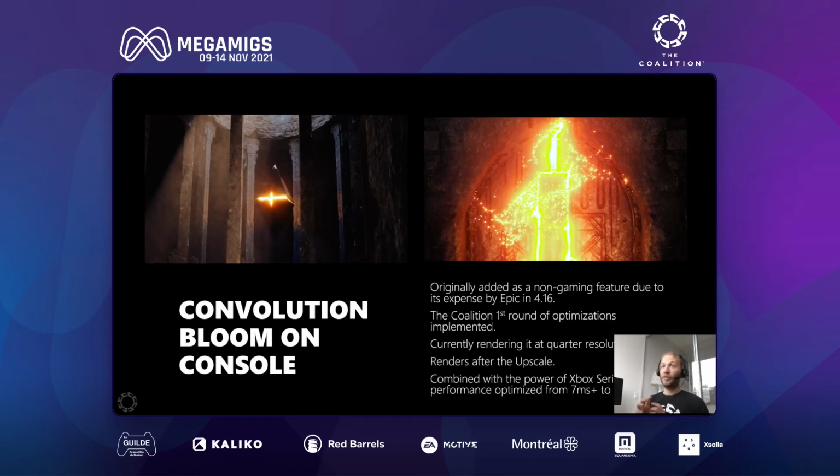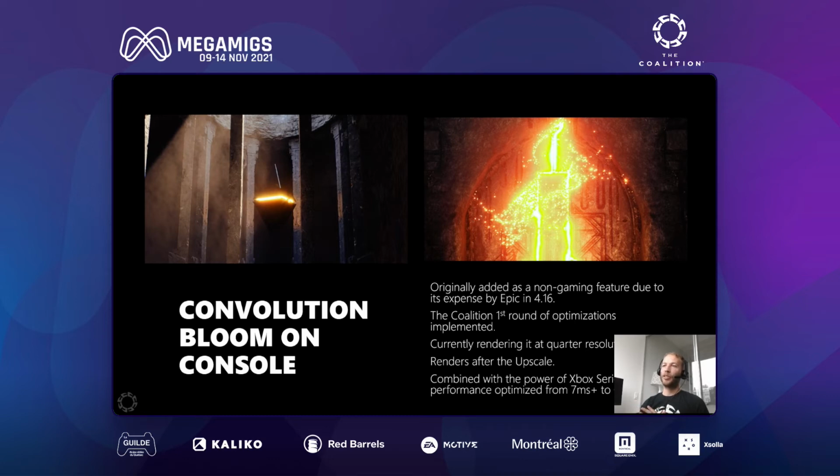So we added convolution bloom on console. The convolution bloom, again, is not a UE5 feature. It was added in UE4 in 4.16, but we love the look of it and wanted to add it to console. And so we've done that and did some optimizations. It was quite expensive at first at 7 milliseconds, but nowadays we're running at a quarter res.